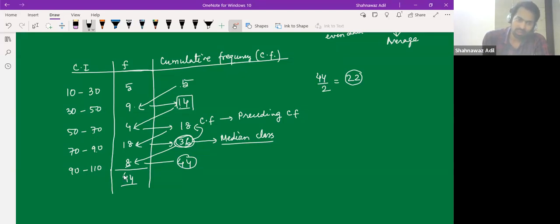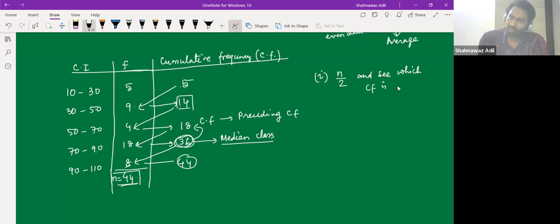This is called N. First you calculate N by 2, and see which CF is equal or greater than this N by 2.